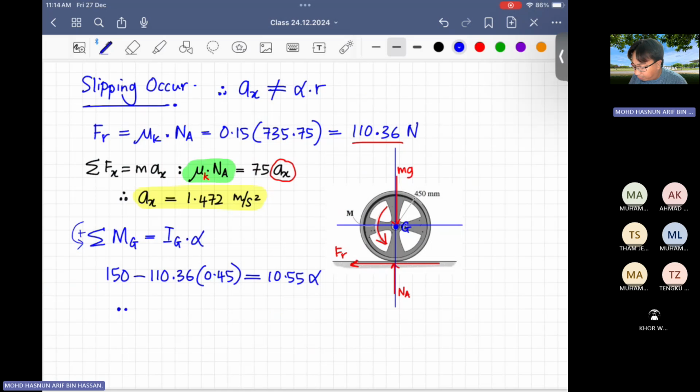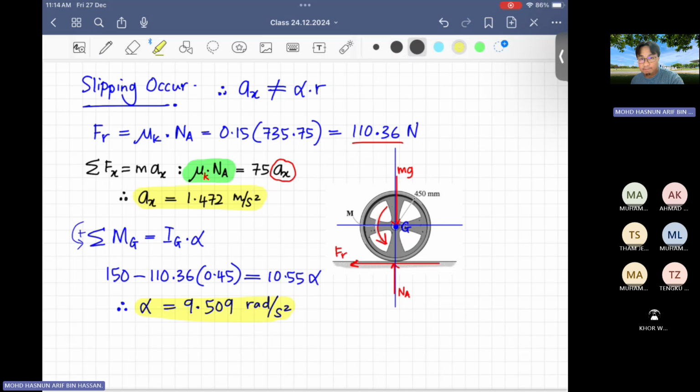Therefore, we can get the value of alpha, which is equal to 9.509 rad per second square. Okay, so that finished the calculation.